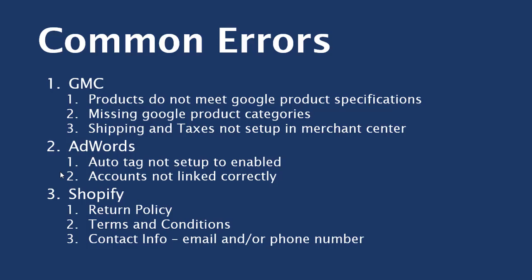Also, the contact information. Contact info is a little bit of a gray area. I've heard Google say that they want an address. I've heard them say, oh, an email is fine or a phone number is fine. But generally, what I recommend is having a contact us page with the traditional contact form where someone can type stuff in and hit submit, but also putting some key information like an email address, a phone number, an address, or something.